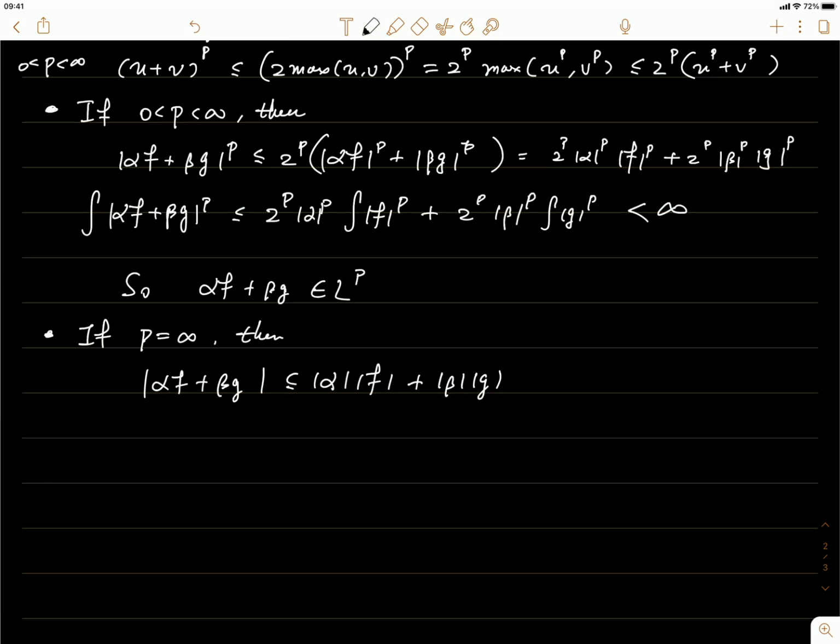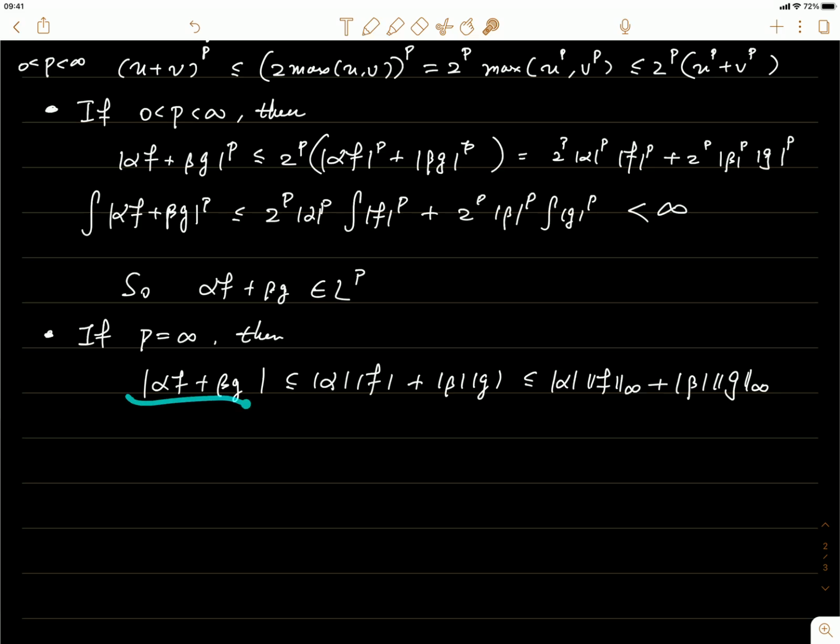Since this is bounded by that almost everywhere, it is bounded by the right hand side, which is a finite number independent of x.